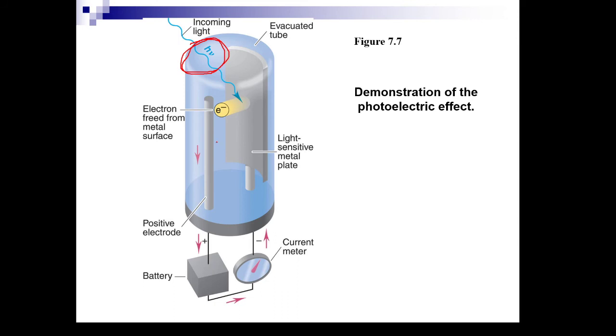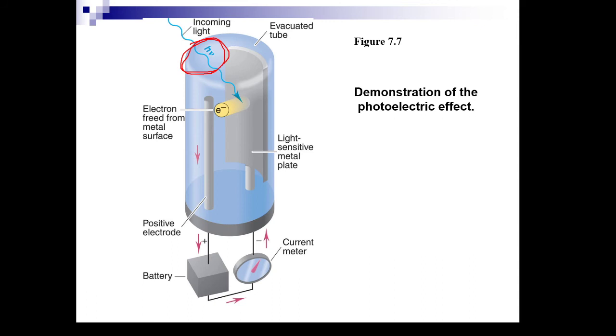He had to reach some threshold value for the electrons to come off. The incoming light's H nu value had to be of a specific value for the electrons to fly off.